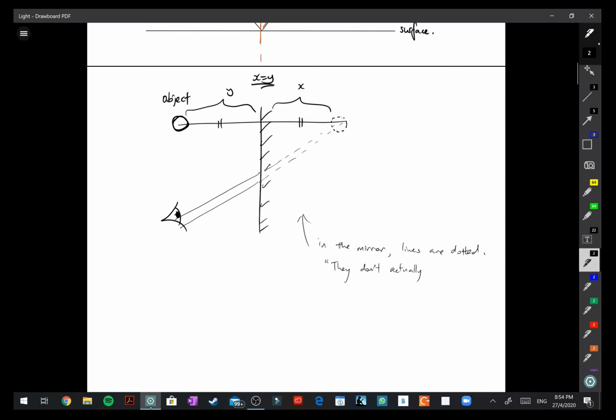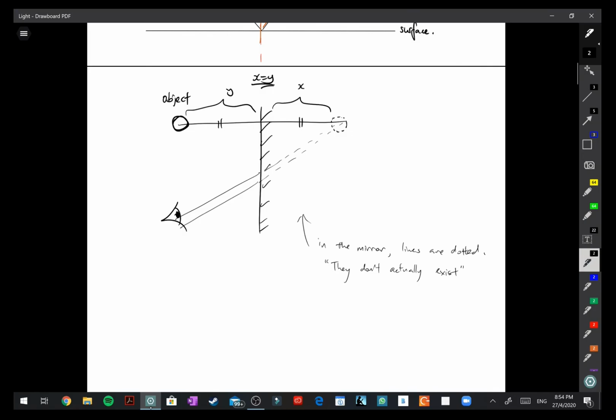Obviously you are not 4 meters behind the mirror, it's on the mirror itself. So obviously the mirror doesn't have a depth of 4 meters. When you see an image, it actually doesn't exist. It's just what you see. So they don't actually exist, and therefore I draw them in dotted lines. Dotted means that they don't exist.